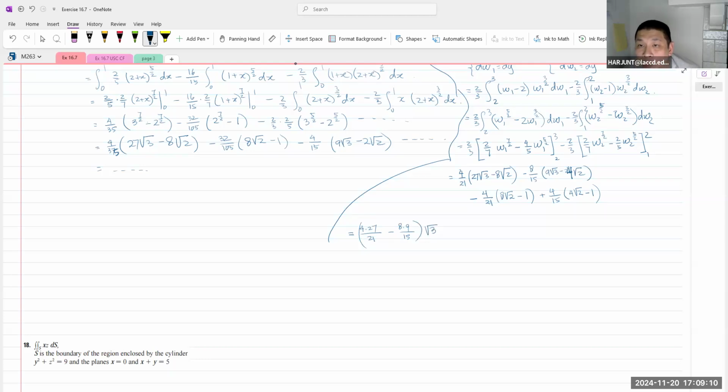How about square root of 2: plus 4 times negative 8 over 21, plus 8 times 4 over 15, minus 4 times 8 over 21, and then plus 4 times 4 over 15, all with square root of 2.